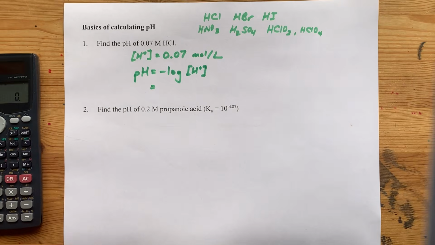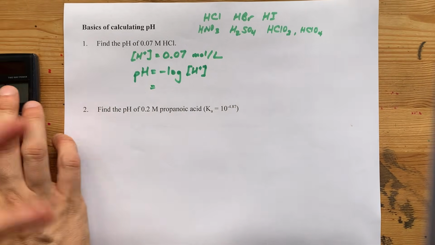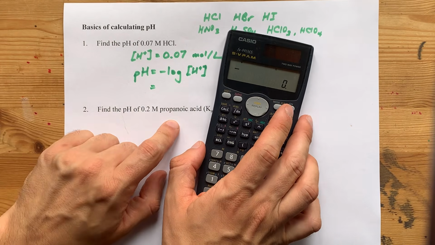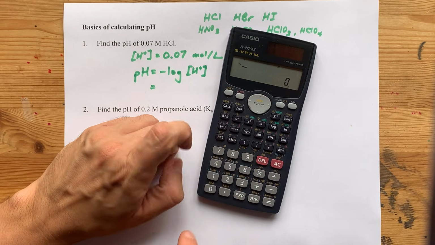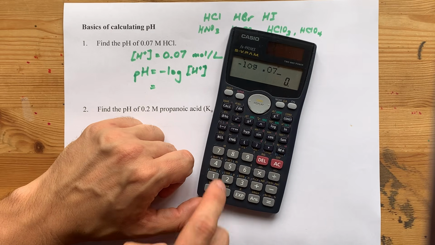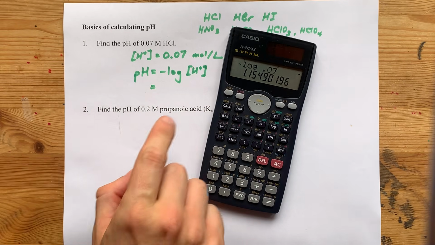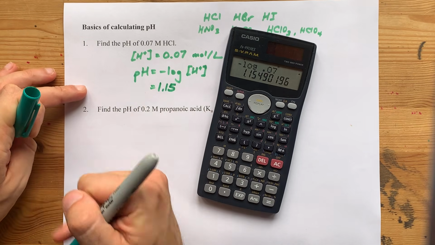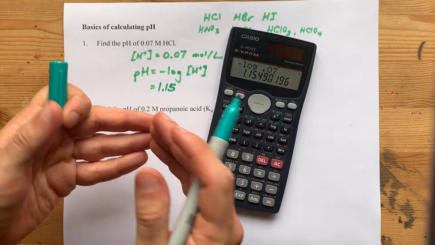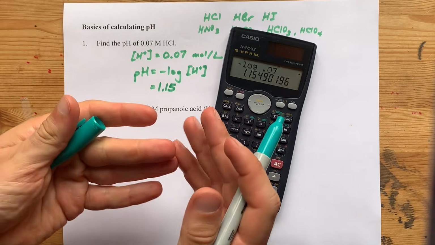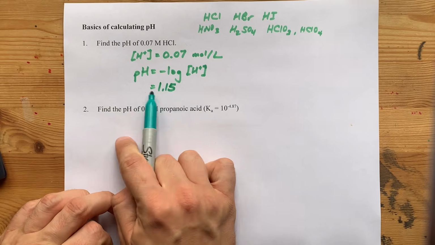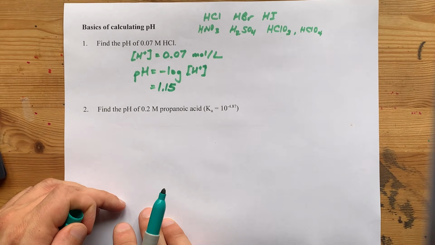Some of you complain that you don't get calculators for it. That's too bad. Try to do it in your head, I guess. You can type the negative sign and log and then type your number. It gives me 1.15. Now, I'm a big fan of using 2 decimals for pHs all the time because that's what pH meters give. You can expect a pH meter to give you a pH of about 1.15 here.